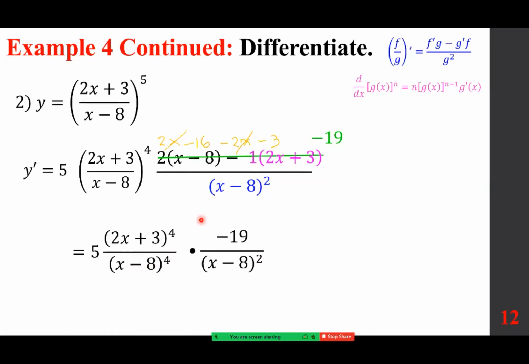Now everything goes at top, 5, negative 19, and that. The product of 5 and negative 19, remember, you can write this as 5 over 1. 5 and negative 19 is negative 95. We have this part, and the denominator, as I said, 4 and 2, they add up to 6, and we're done.